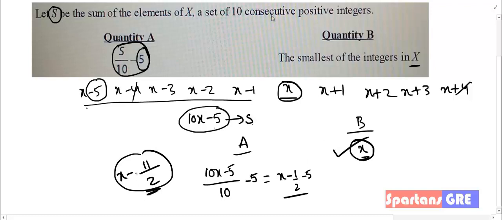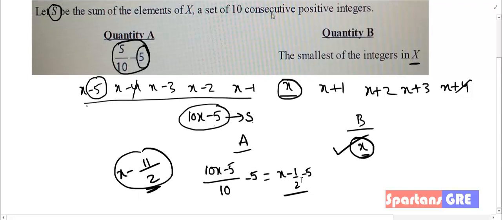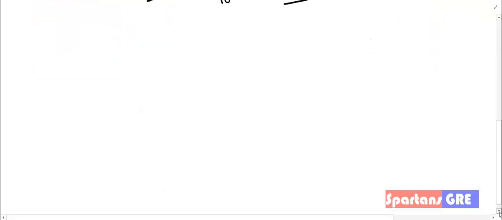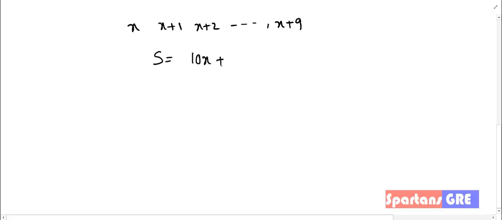Now let's do it in another way. Instead of taking negatives, what I am now assuming is that my smallest number is x and my 10 numbers will be x plus 1, x plus 2 and so on till x plus 9. Now what will be the sum? The sum will be 10x plus these numbers 1 to 9.